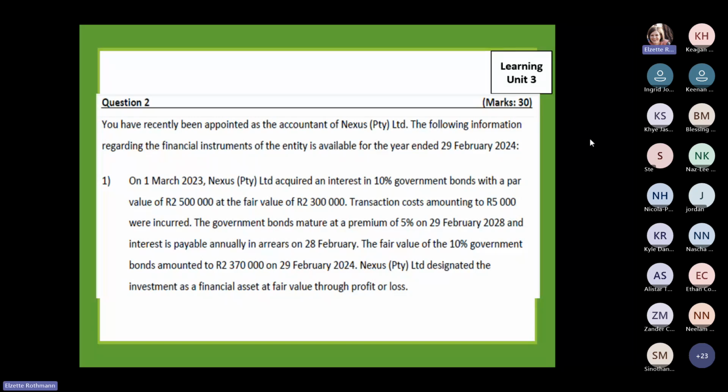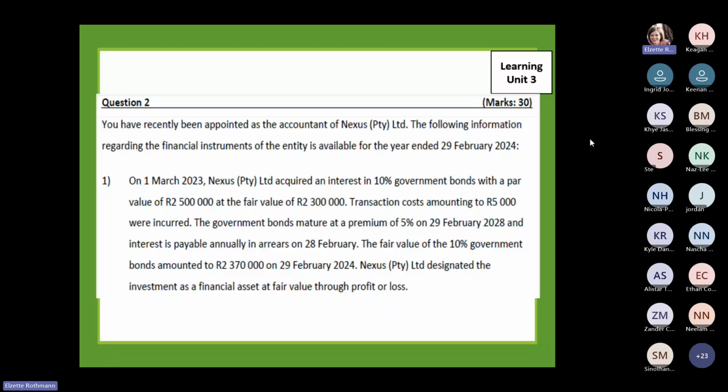Okay, so that's the first issue we have. We have two values. We have a par value, we have a fair value. Okay, it's important for learning unit 3 to always use the fair value. Okay, so this is the first thing where they can confuse you, which one to use. Okay, so the value of this is 2,300,000.